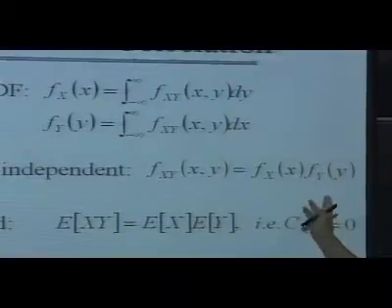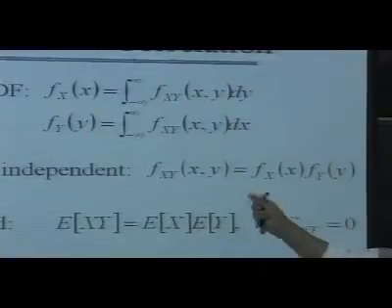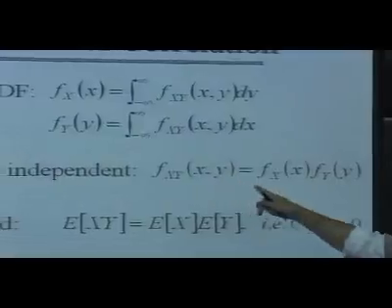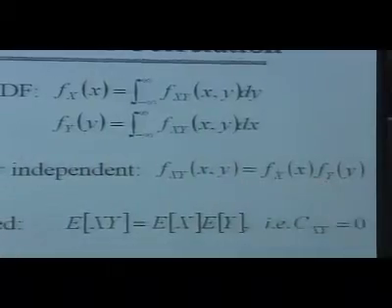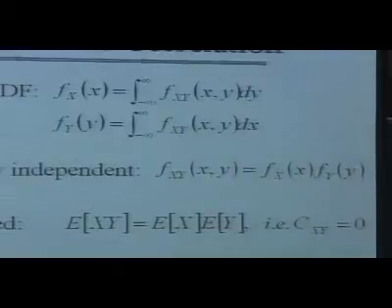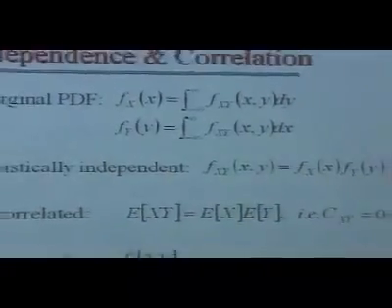We say that x and y are statistically independent when this PDF can be written as a separable function, so you can write fx of x times fy of y. In this case, it means that x and y are statistically independent. They don't have anything to do with each other.